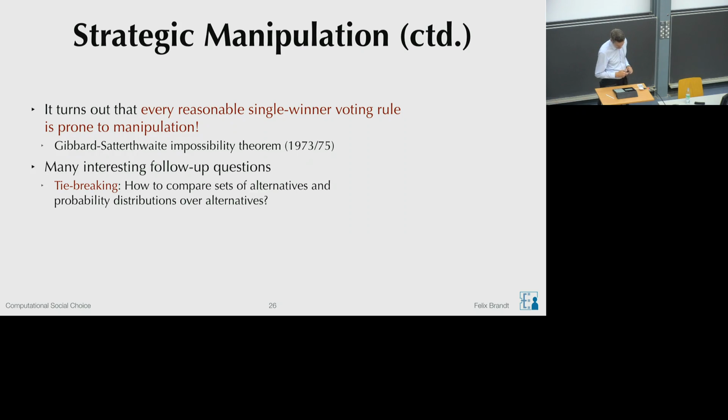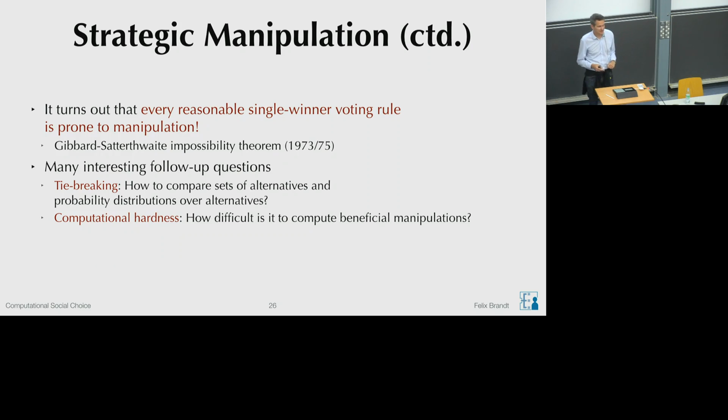Here there are some follow-up questions concerning tie-breaking and how to compare sets. I briefly mentioned this, or we can have probability distributions that select winners. A particular problem in computational social choice that has been studied for many years is that, while we know that every rule can be strategically manipulated, maybe computing a beneficial manipulation is difficult.